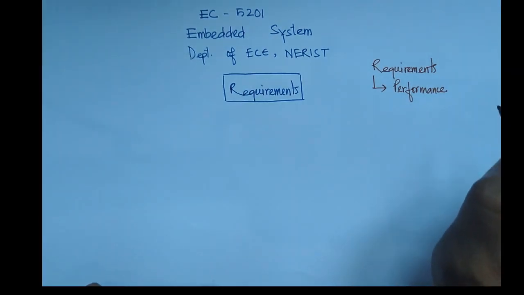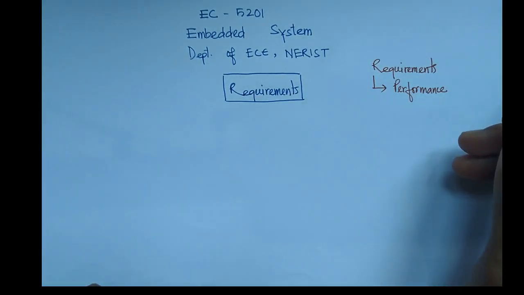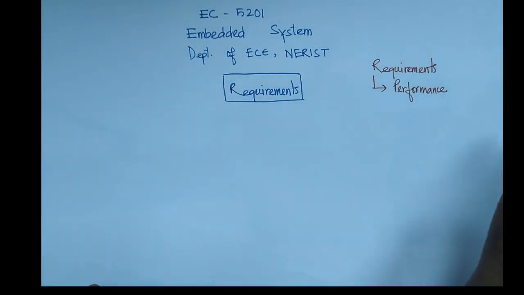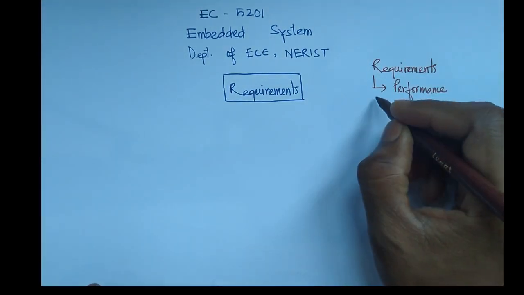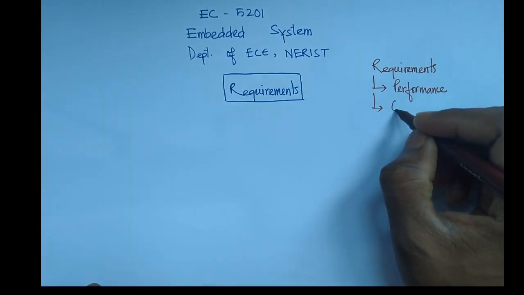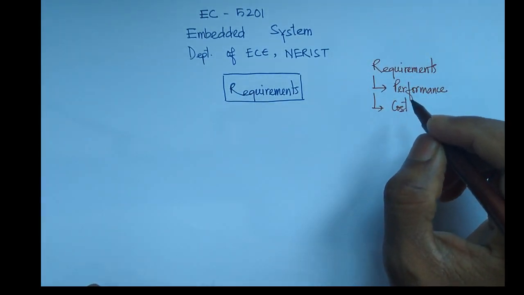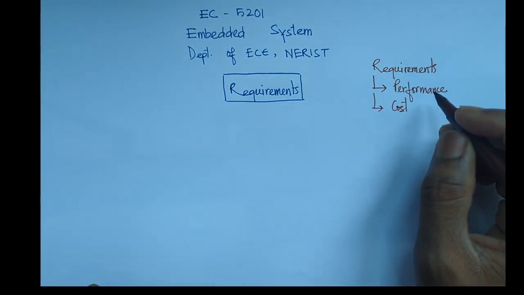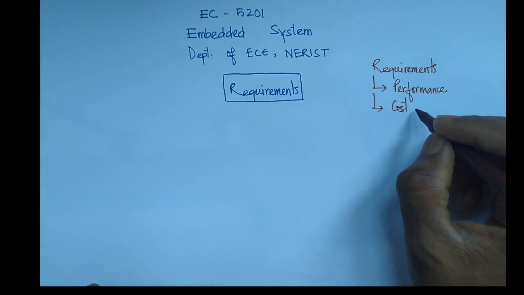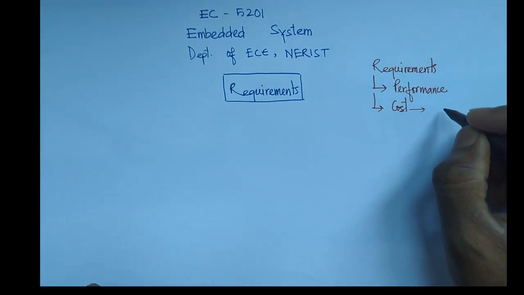now speed is considered as one of the most important performance, which also affects its cost, but it is not the only factor which decide the performance of the system. Other performance, we need to see the cost. Now the cost consists of two parts. The first part is the manufacturing cost.